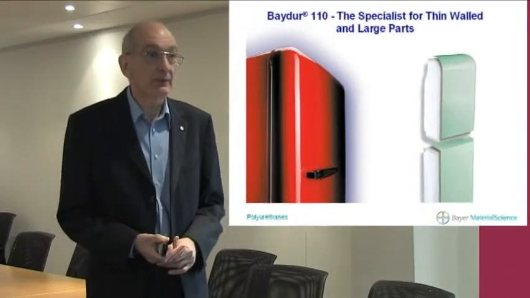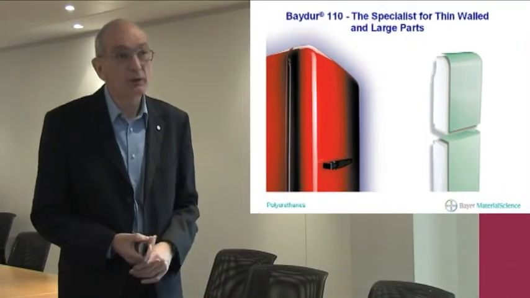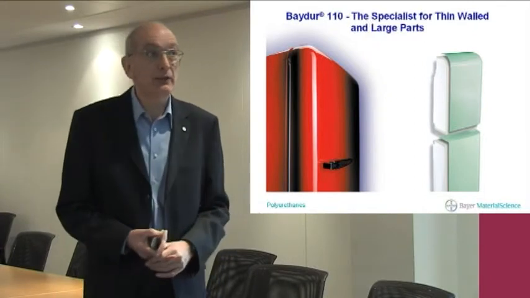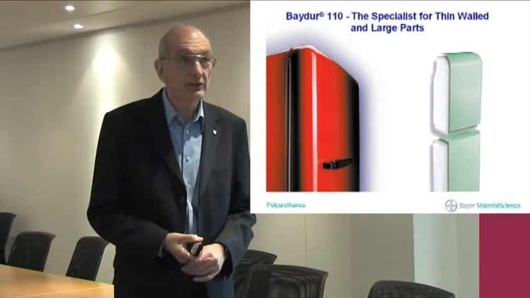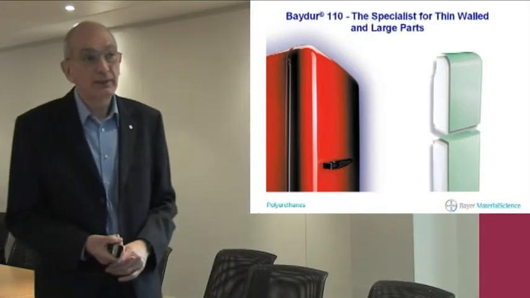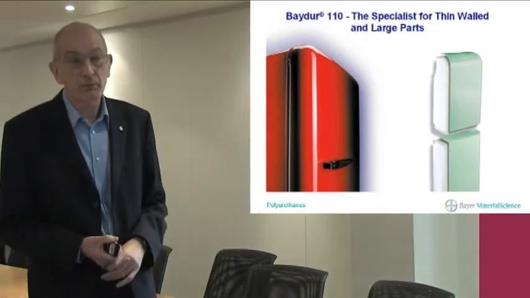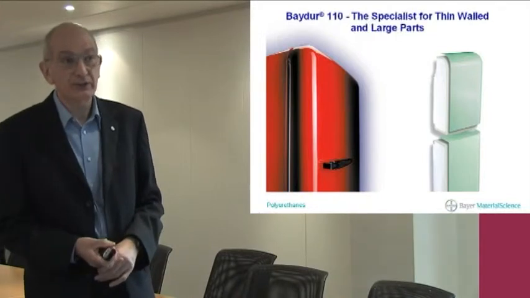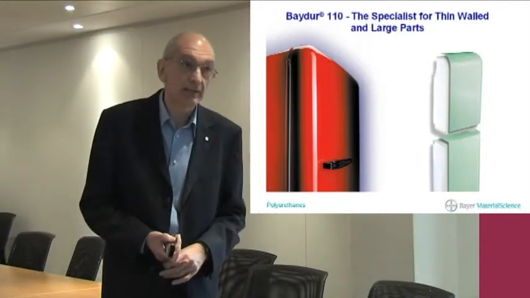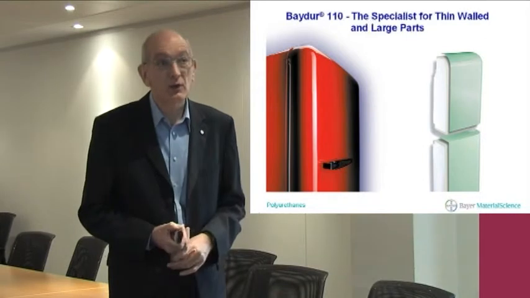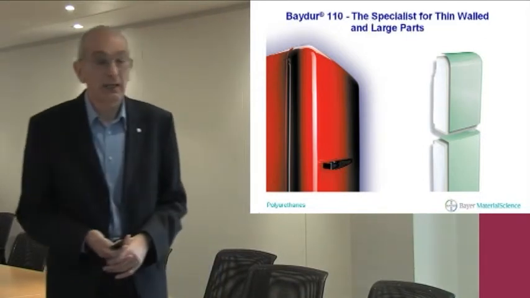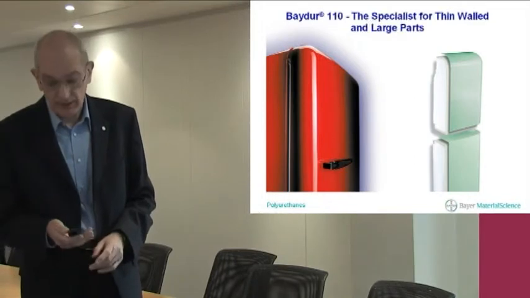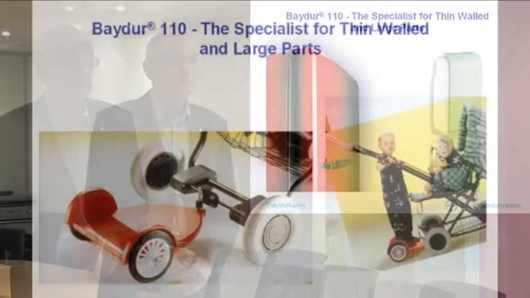In this example, the foil is first of all placed in the mould and the mould closed, and the Baydur 110 is injected into the cavity to form the shell of the door. Then the lid, so to speak, of the mould is replaced to form a larger cavity behind the moulding, so that low density polyurethane foam can be injected to achieve the insulation that's required for this application.